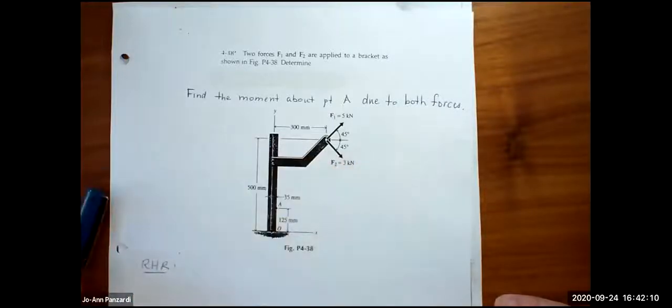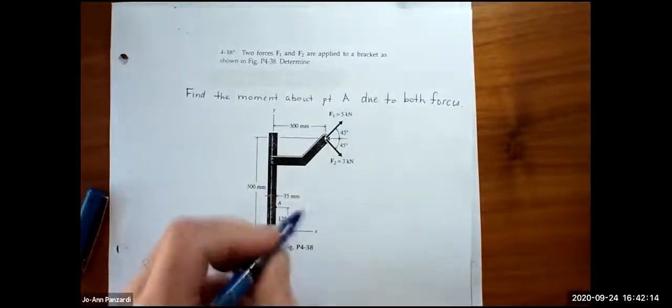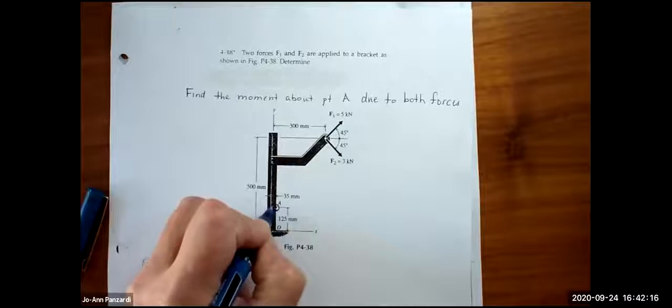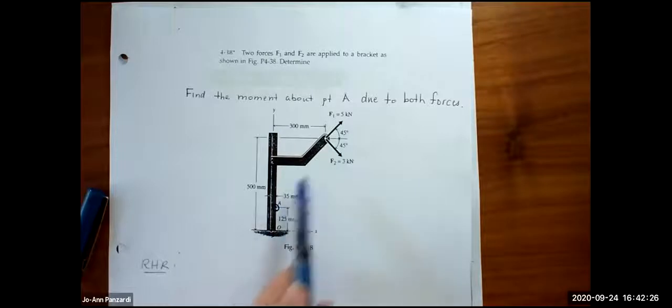In this case, it's asking you to find the moment about point A. Here's point A right here. Granted, this is a fixed support, and we'll learn about supports in a few weeks. Certainly, these forces are trying to cause us to move, but in the end it's going to be prevented from moving because of this fixed support.